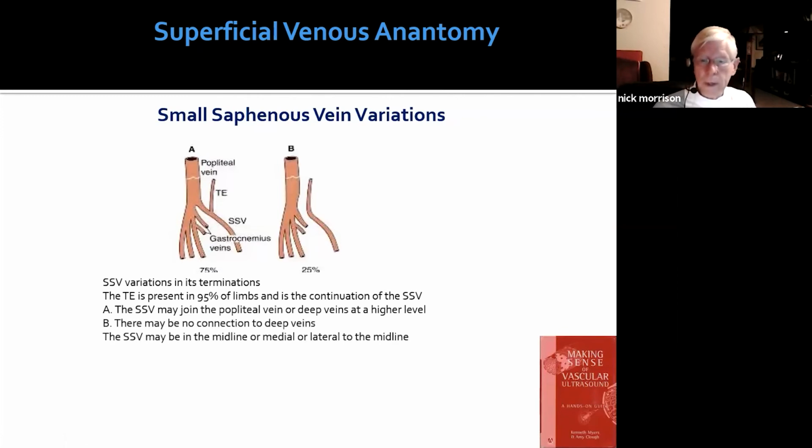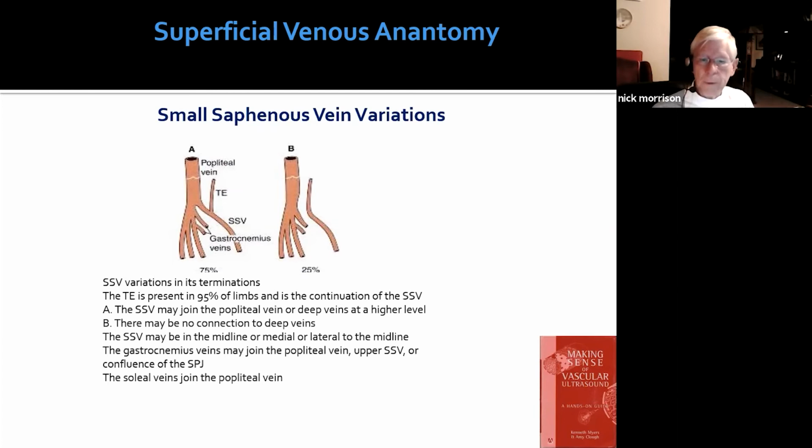There may be no connection, which is quite common, and it's kind of important because some insurers will not pay for small saphenous ablation unless there is a sapheno-popliteal junction reflux. Well, if there isn't a sapheno-popliteal junction, as in 25% of the population, there can't possibly be a reflux through it, and they may not pay for it.